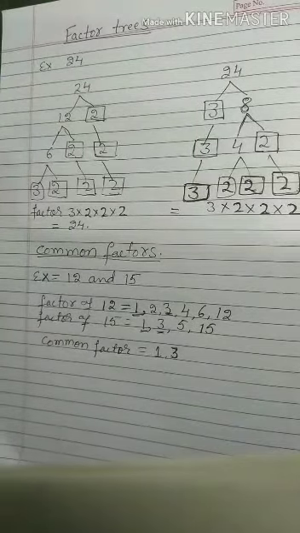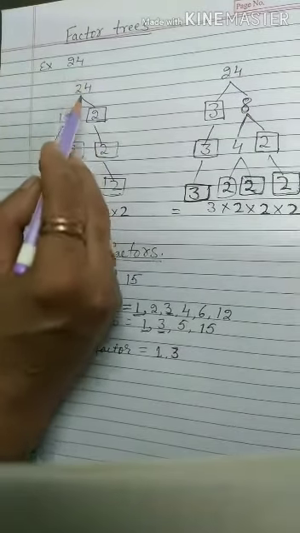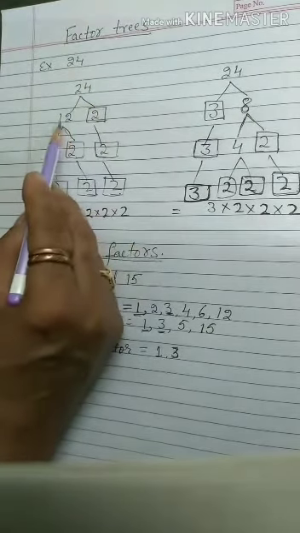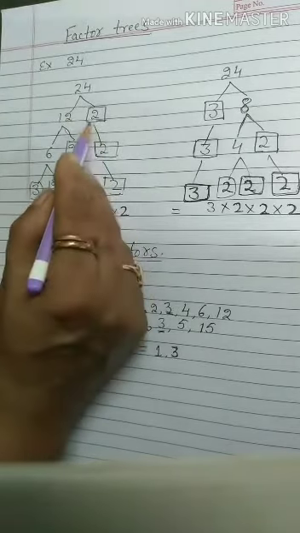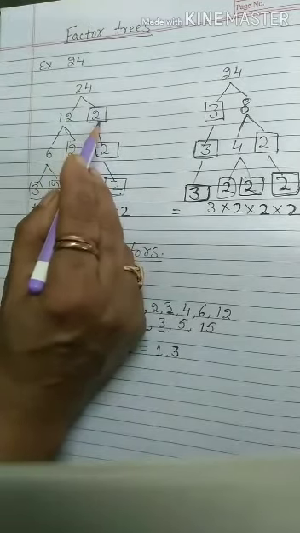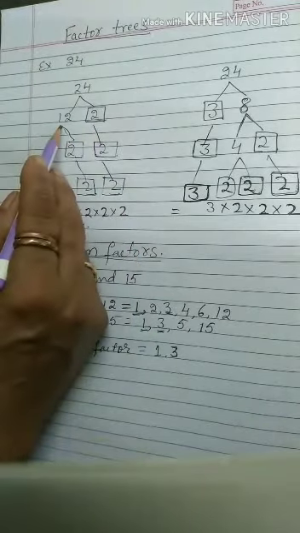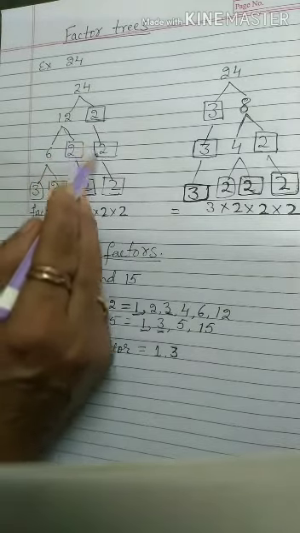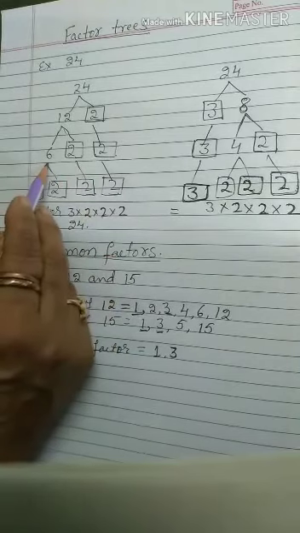You have to write the example 24. 24 you know comes in the table of 12. 12 twos are 24. Then 2 we cannot divide further, only with 1 we can divide. Now 12 also comes in 6 twos are 12. This 2 we bring down. Now 6 we can write further as factors.